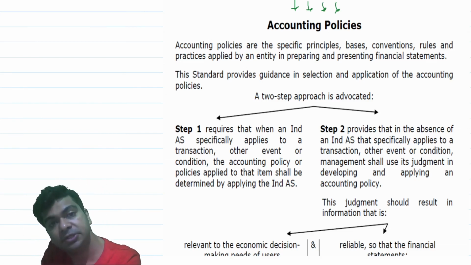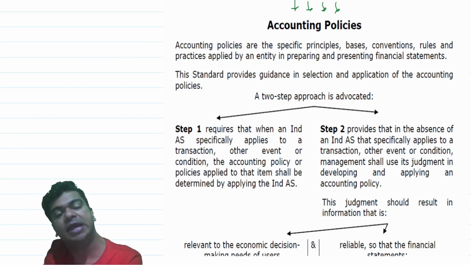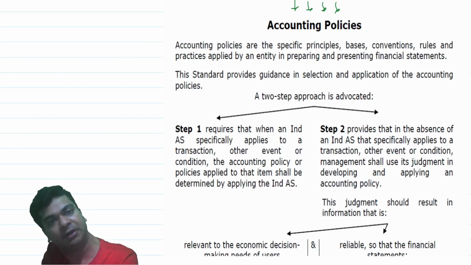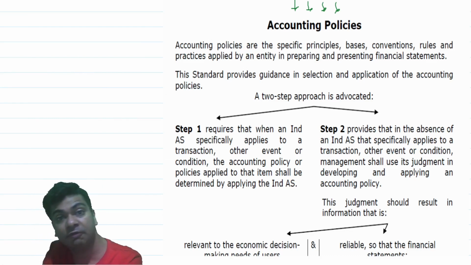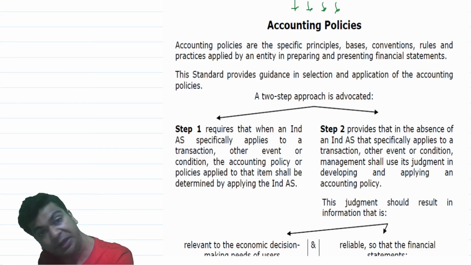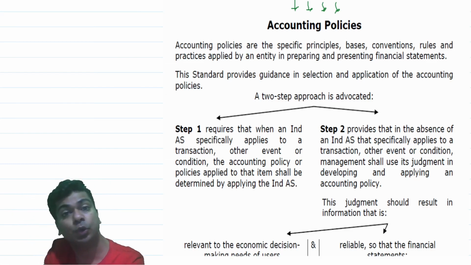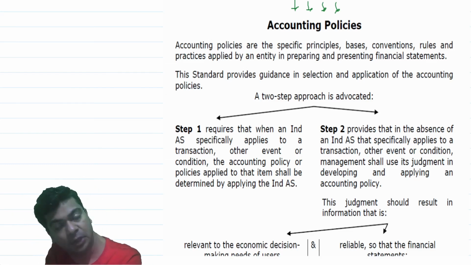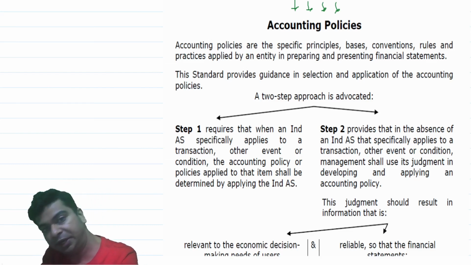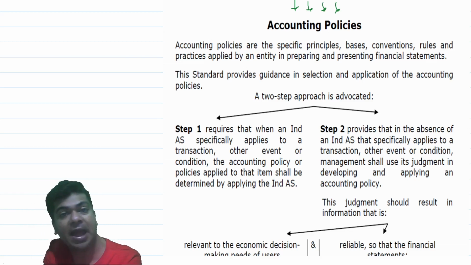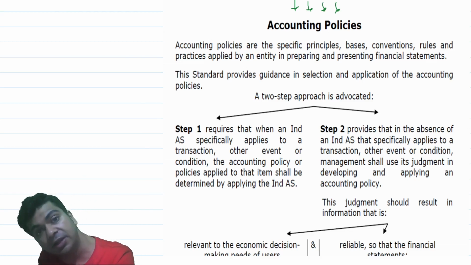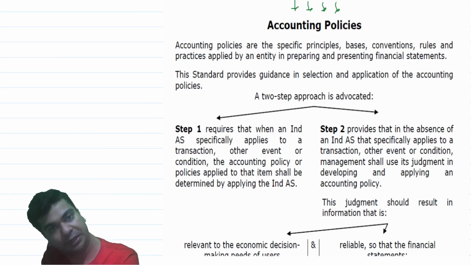See, there are certain principles, certain rules that you will have to follow when you are preparing the financial statements. We cannot prepare financial statements as per the whims and fancies of the management of the enterprise. Also, it is absolutely necessary that there is uniformity in accounting practices so that the financial statements of one company in a particular industry can become comparable with financial statements of another company, of course, in the same industry.